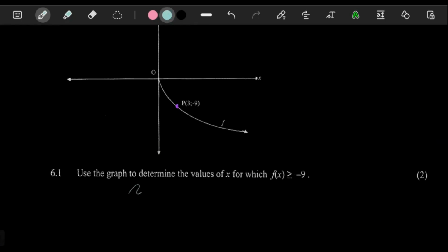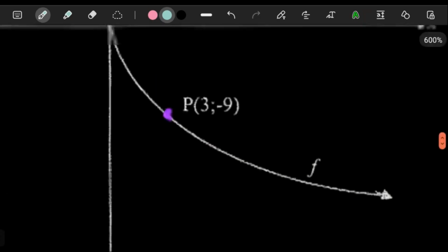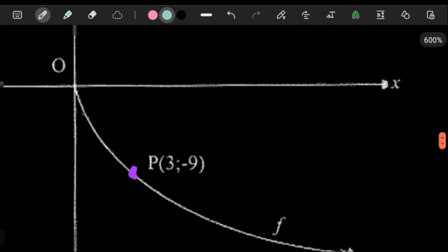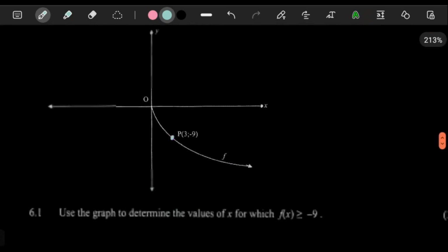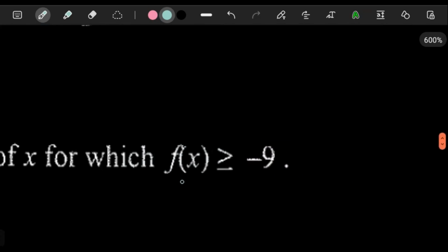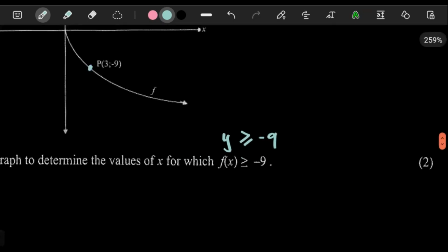For 2 marks, it says use the graph to determine the values of x for which f of x is bigger or equal to -9. So where is f of x bigger or equal to -9? Remember f of x represents y, so this is asking where the y values are bigger or equal to -9.